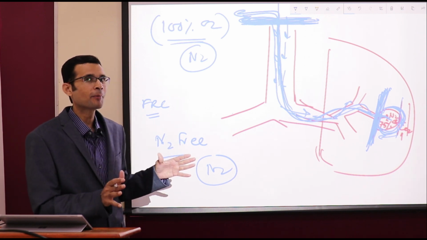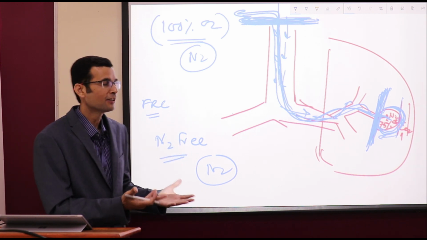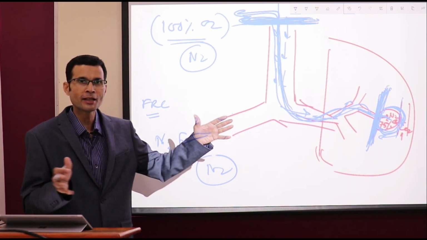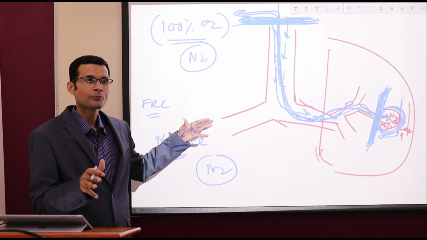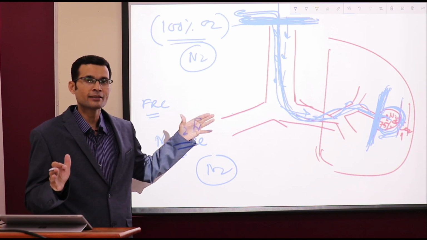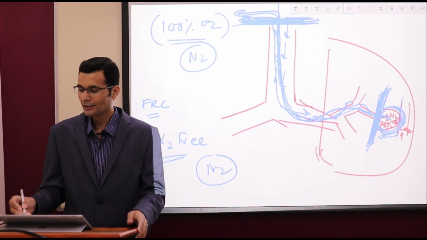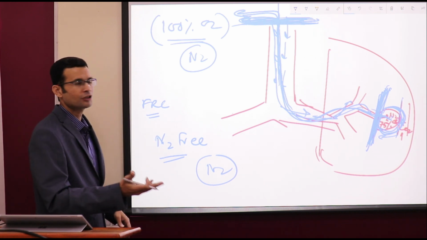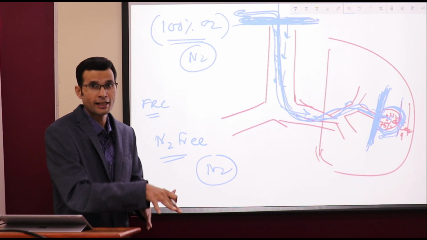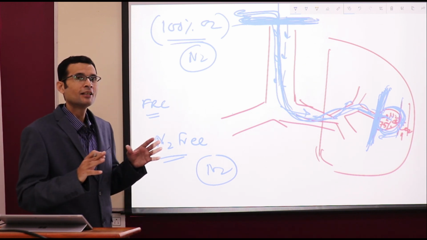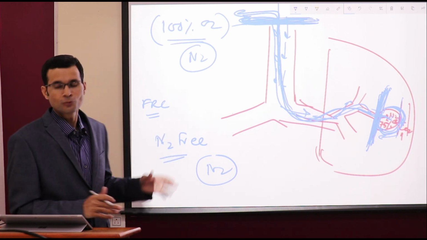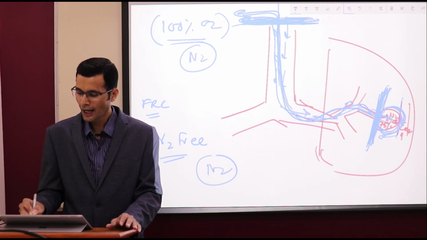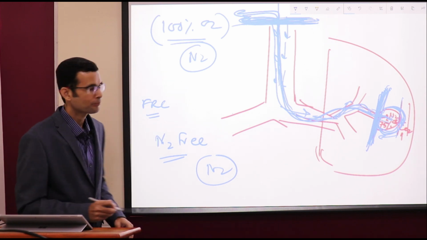So we have made a tight compartment, and therefore we are saying hypothetically that initially, let's say, some volume that comes out will be nitrogen free, and we will take that volume as the volume of the anatomic dead space, and then the later part comes from the alveolar air, which actually contains nitrogen. But actually it's not so, because there will be mixing of alveolar air with the anatomic dead space air.